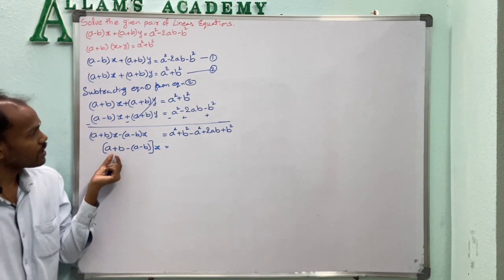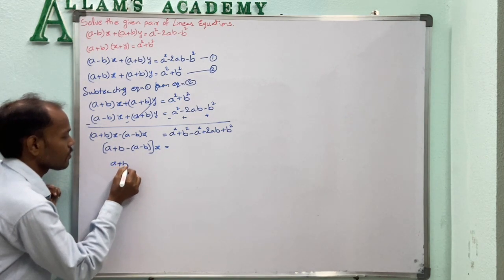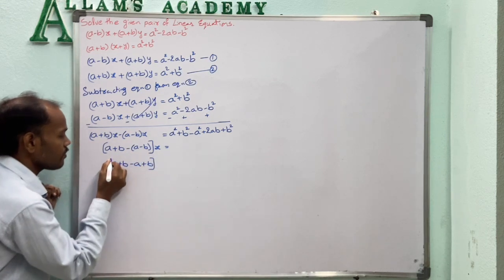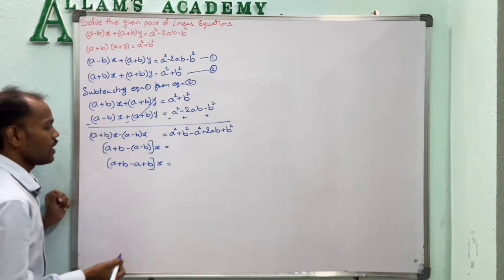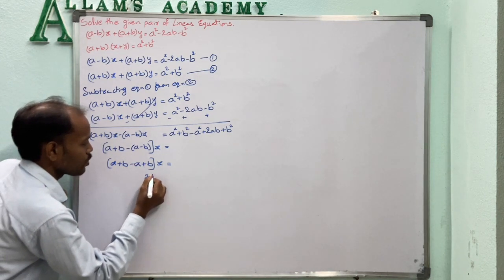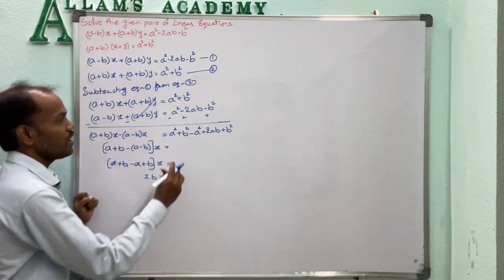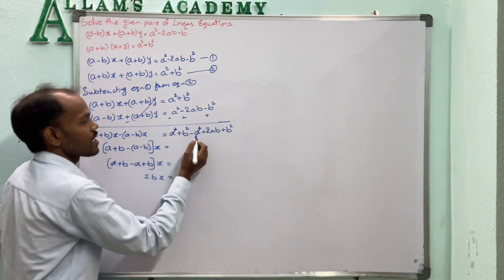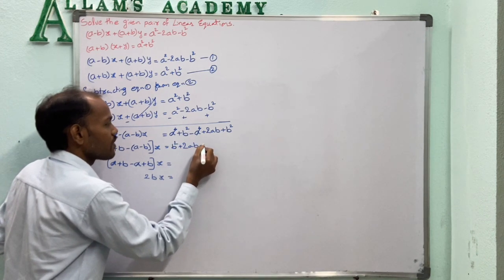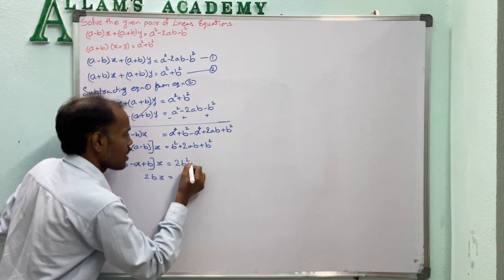Now minus multiplied to this one: a + b − a + b into x. a minus a gets cancelled, b plus b is 2b, so 2bx equals, now observing the RHS, a² minus a² cancelled, the remaining are b² + 2ab + b², that is 2b² + 2ab.